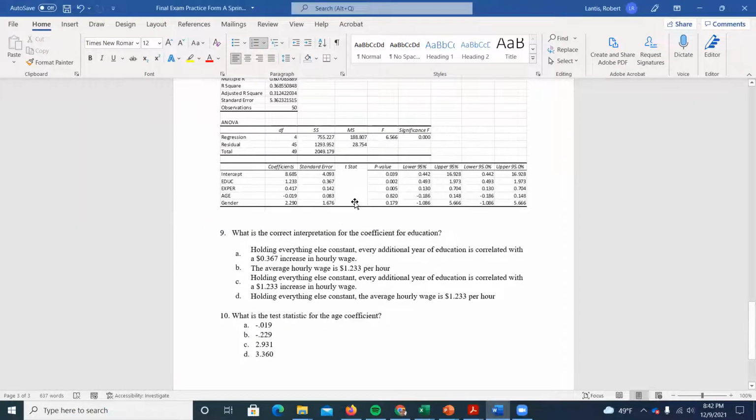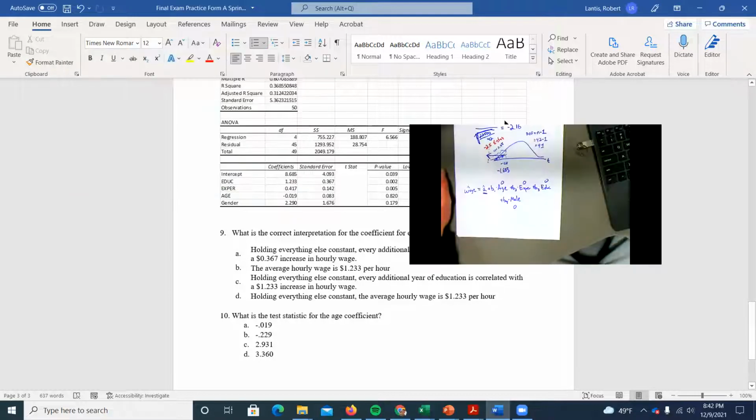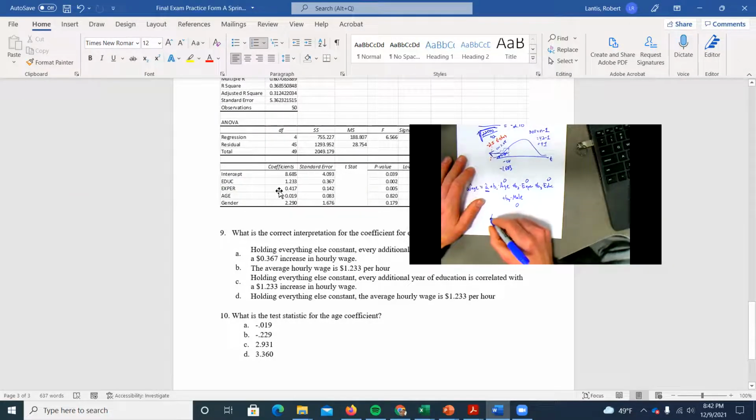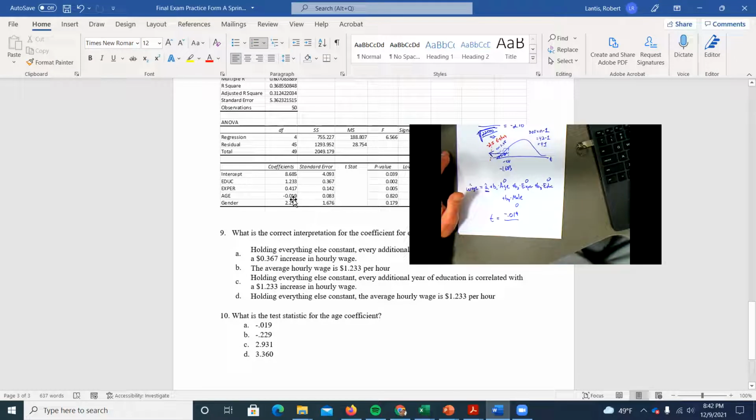So for the age variable, that would simply be take that coefficient of negative 0.019 and divide it by the associated standard error with that estimate, which is 0.083. Looks like that's going to be approximately negative 0.229, if I go ahead and calculate that.